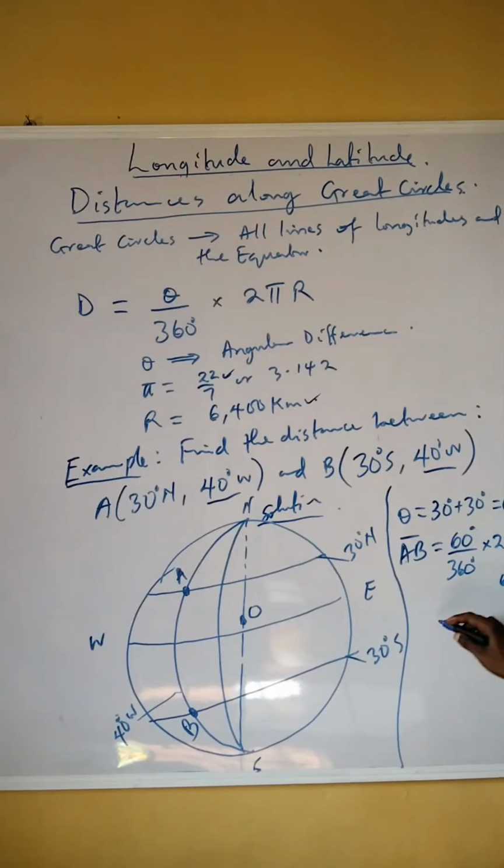And here we just press our calculator and find distance AB is equal to 6,704.76 kilometers. So that is that.